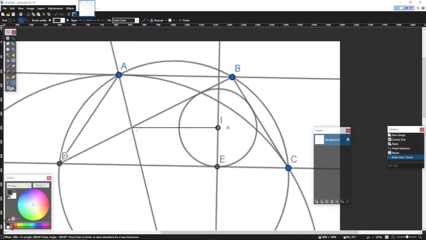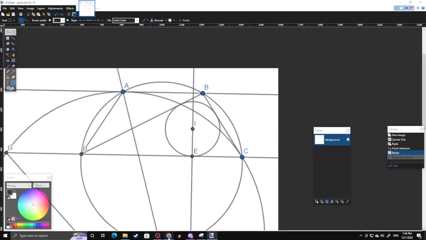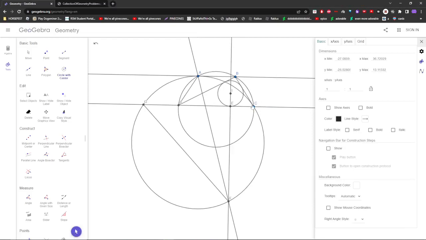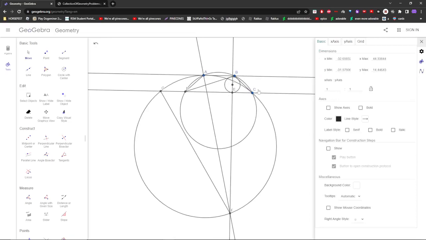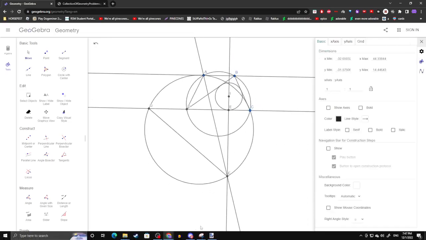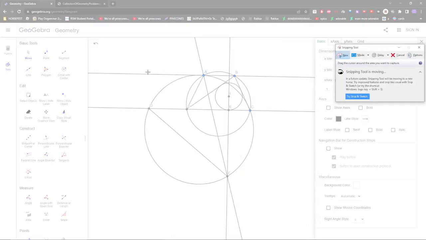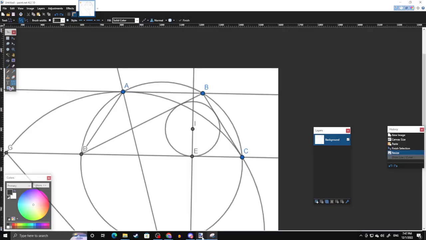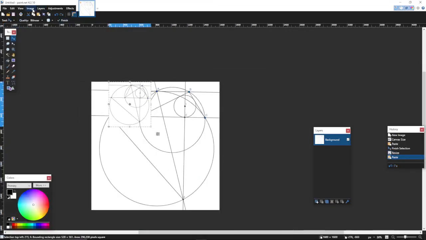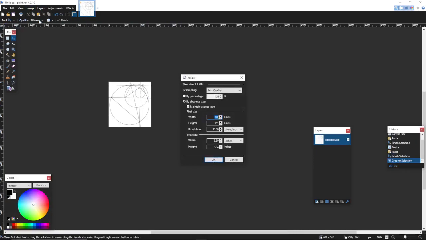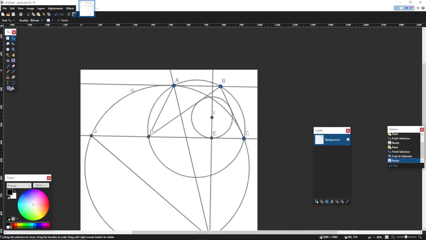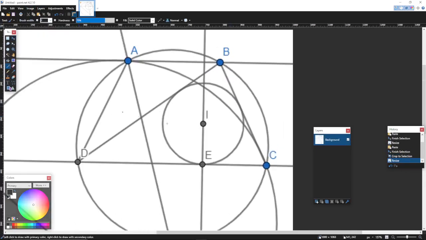Do note that this intersection point is not necessarily... Hold on, let me get a better diagram. Okay, yeah. So we got our diagram.